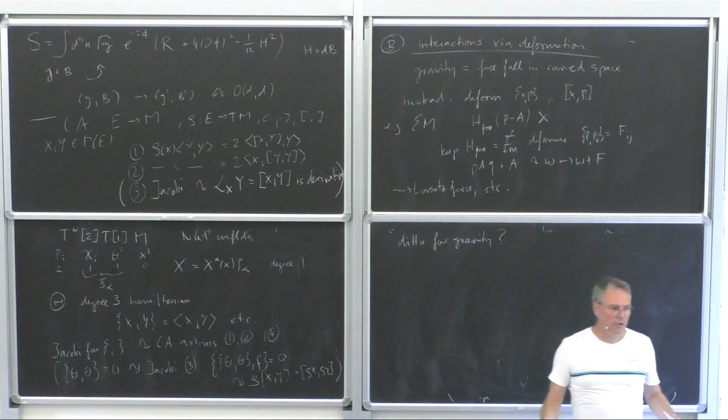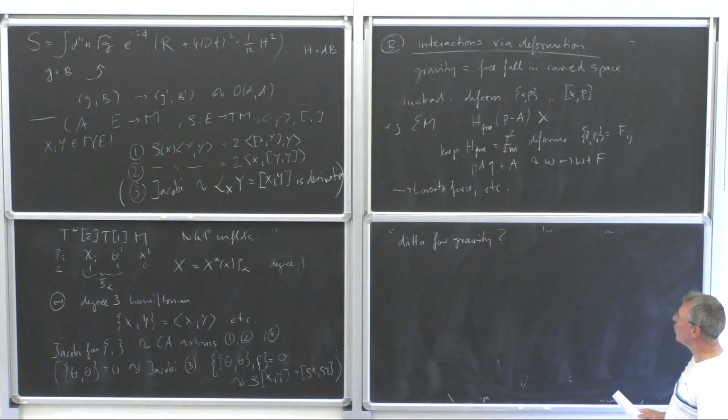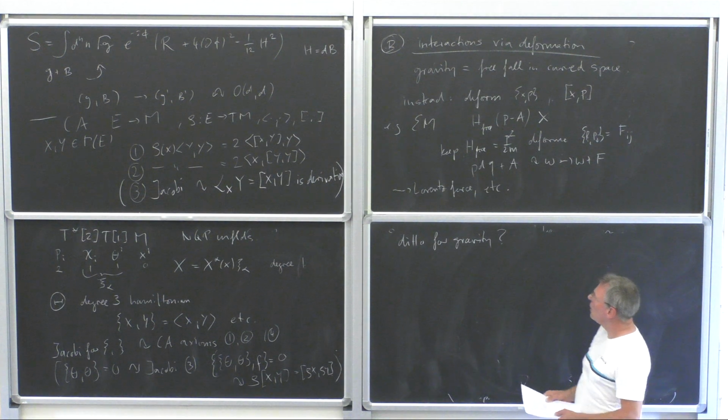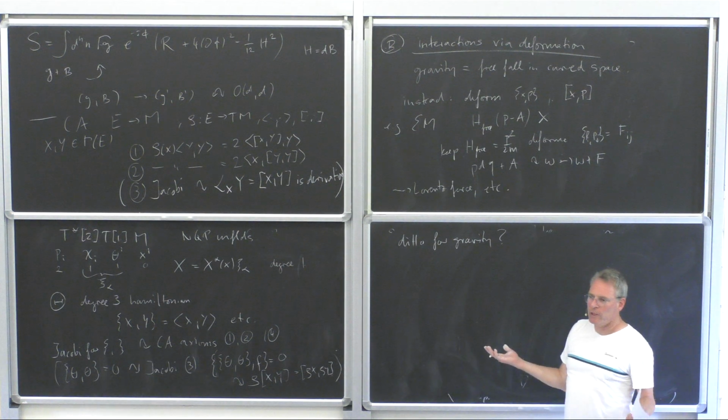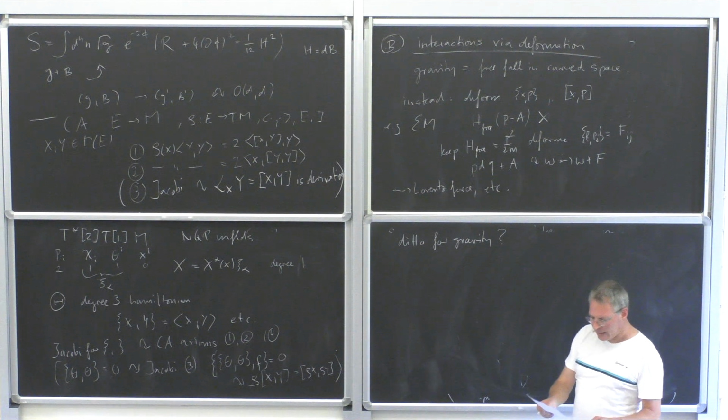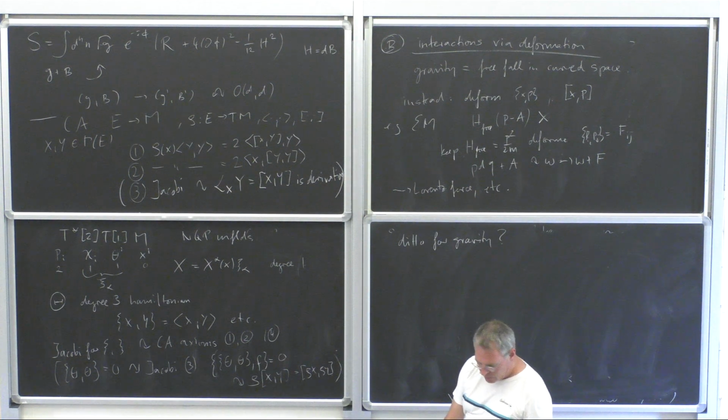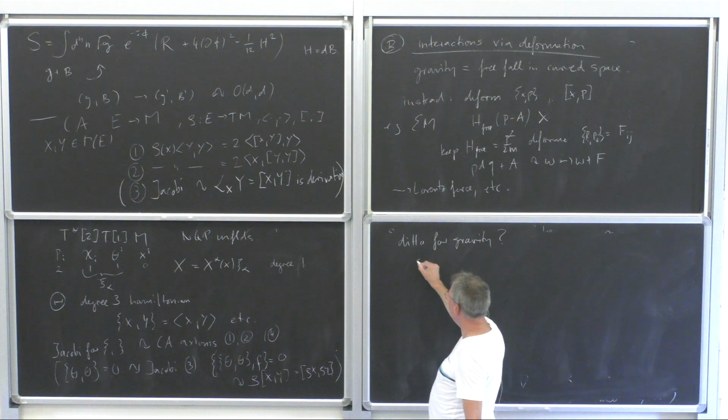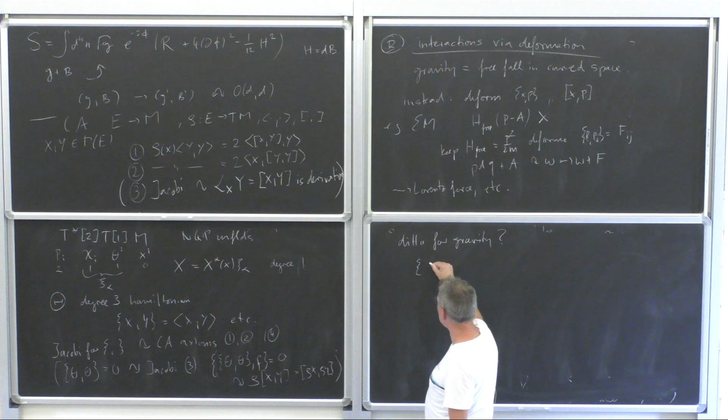If we try to do it very naively, then immediately we have a problem. We would like to deform the Poisson structure with a metric, but the metric is symmetric. The Poisson bracket is antisymmetric, so we're naturally led to introducing Grassmann variables.